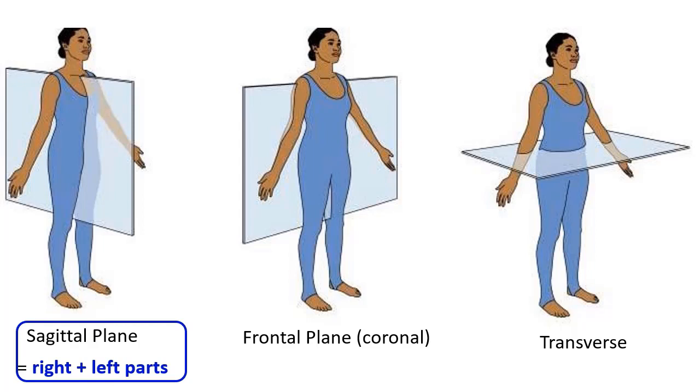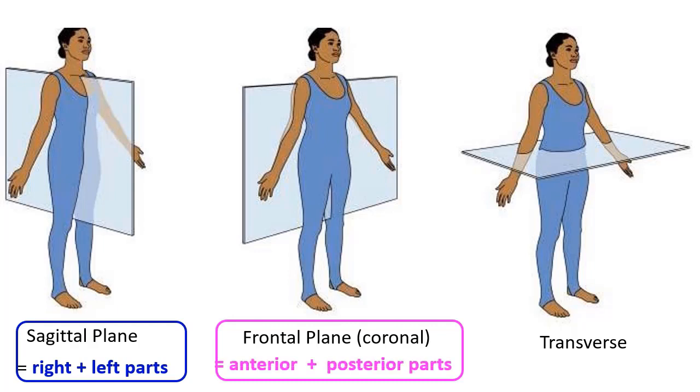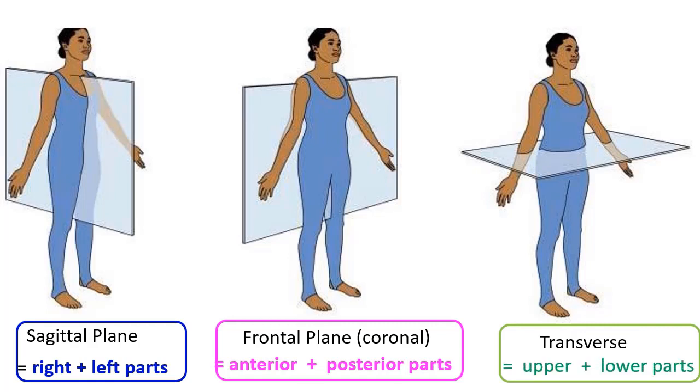Then there is another type of plane which is called frontal plane, and we can use another term and we call it coronal plane, and this equals anterior and posterior parts. Then we use another plane which is called a transverse plane, and this is equal to upper and lower parts.